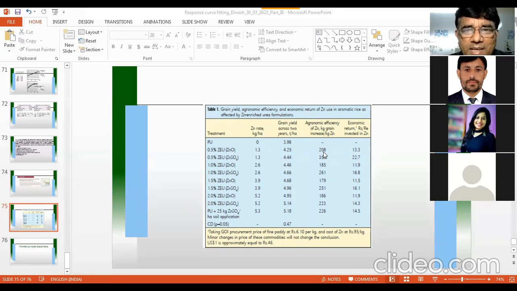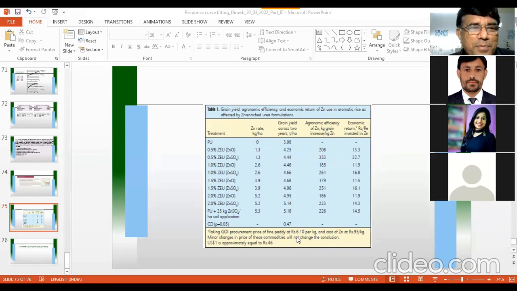So this is the 1 kg zinc. Now you can calculate the price of this economic product, that 208 kilogram of extra rice grain you received because of 1 kg zinc. You can see the price is very old data, 2006 or 5. At that time the procurement price was 6.1.